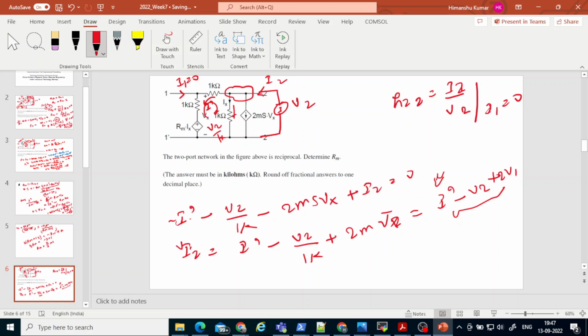The current in this will be the current I dash, because this is the V2 terminal.